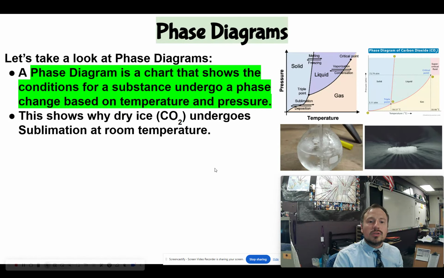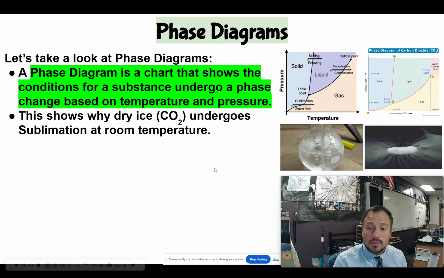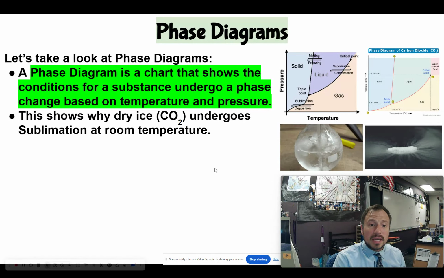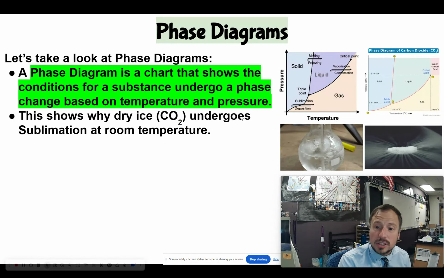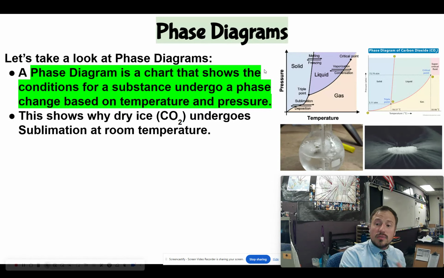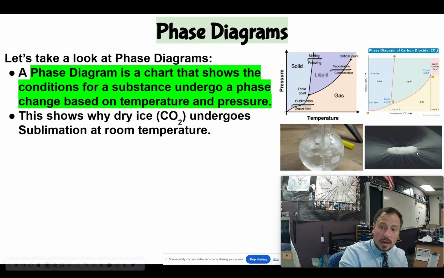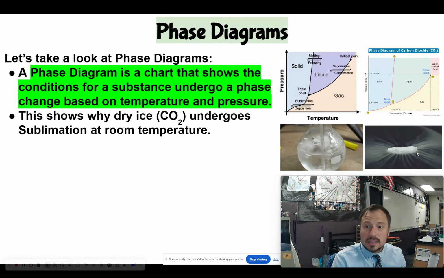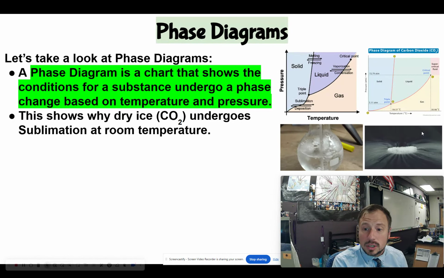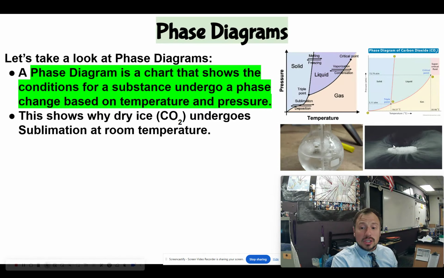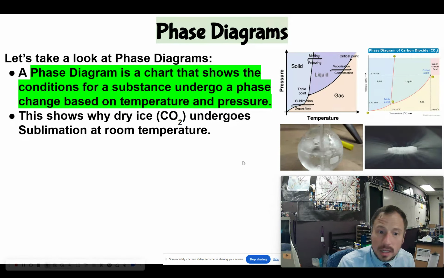This shows why dry ice, so frozen carbon dioxide, undergoes sublimation at room temperature. Sublimation is the one that goes directly from solid to gas. And you can see that on the right over here, that little graphic. It's going directly from solid to gas, and it's because at normal room temperature, it's not at that pressure to be able to go to liquid carbon dioxide.